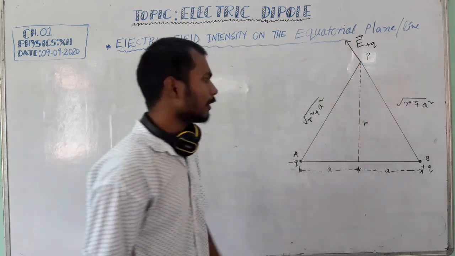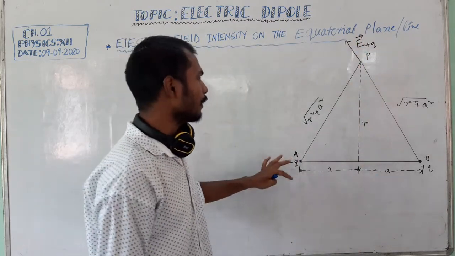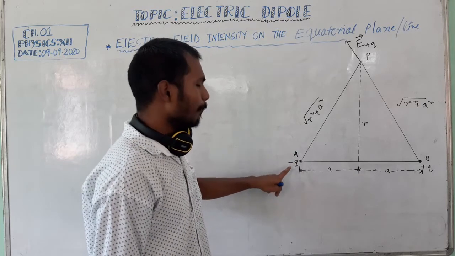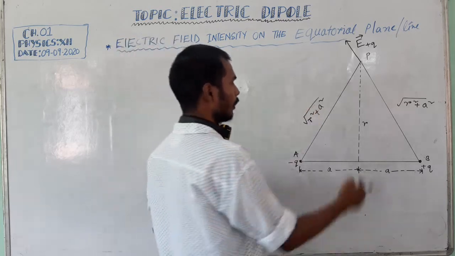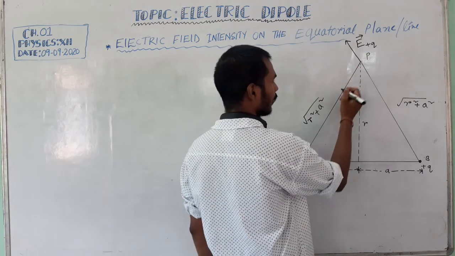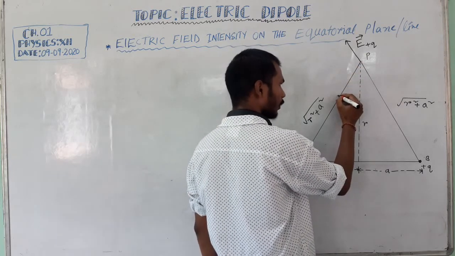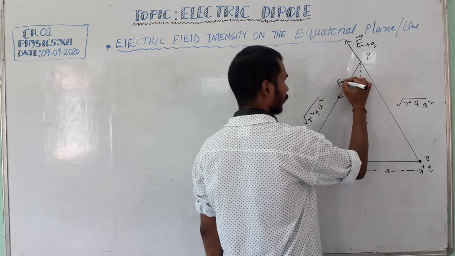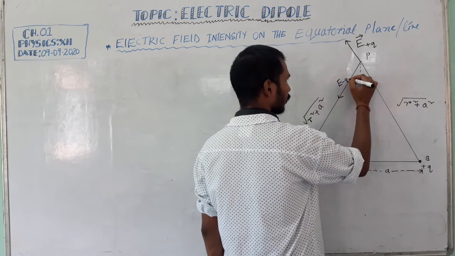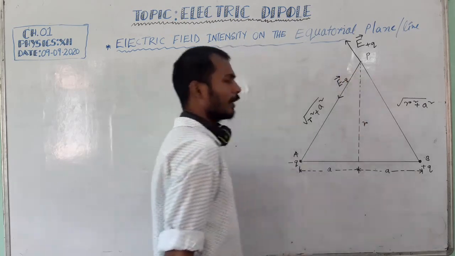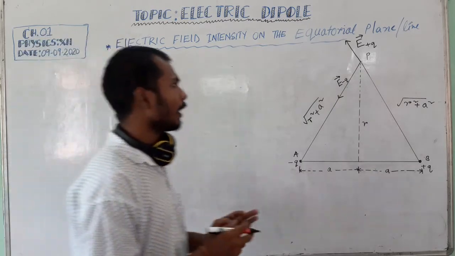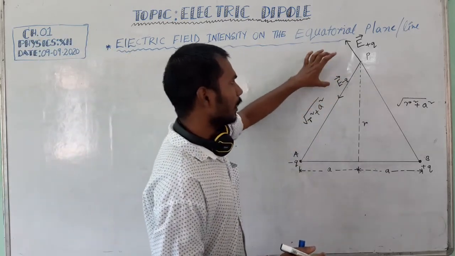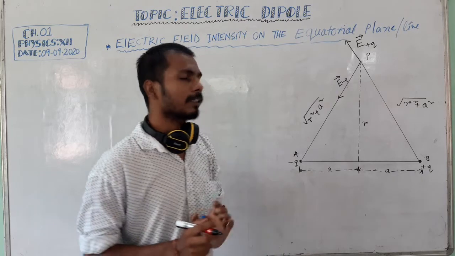Now similarly, find the direction of the electric field due to point A, or minus Q charge, at point P. It is a negative charge, so the direction of the electric field is radially inward. This is E minus Q vector. Okay. Now we have both the directions of the electric field. Now find the resultant electric field.